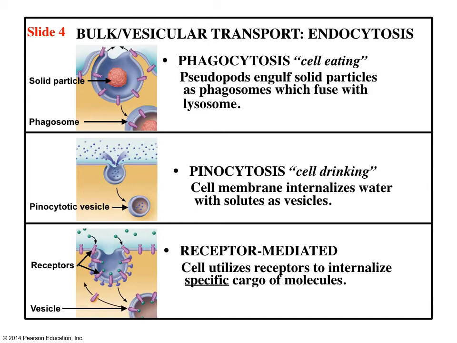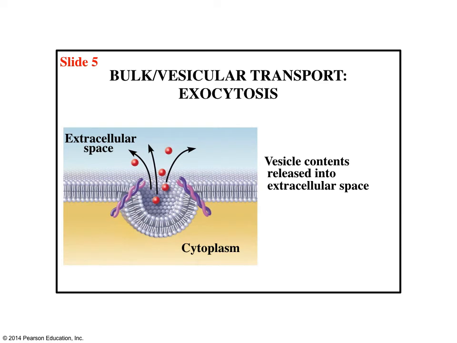Once those receptors are filled in, the entire bubble or vesicle pinches off, and this newly formed vesicle contains a very specific cargo of molecules. Exocytosis is just the reverse of endocytosis, from the cell out.